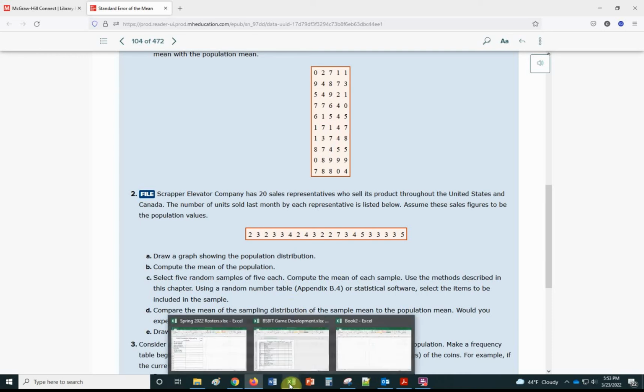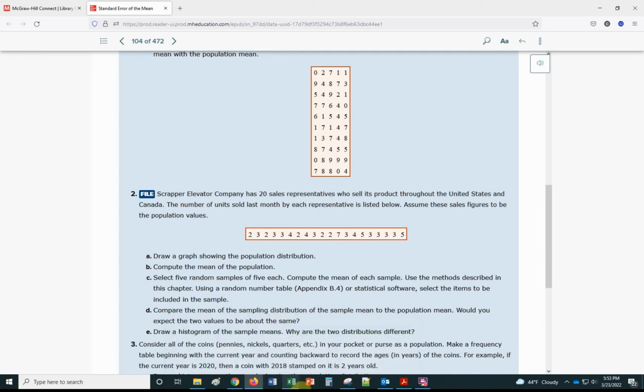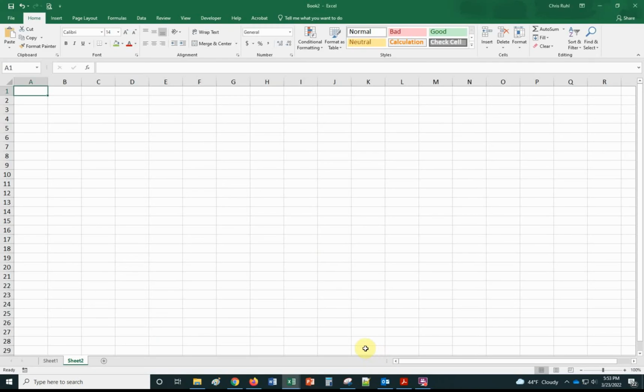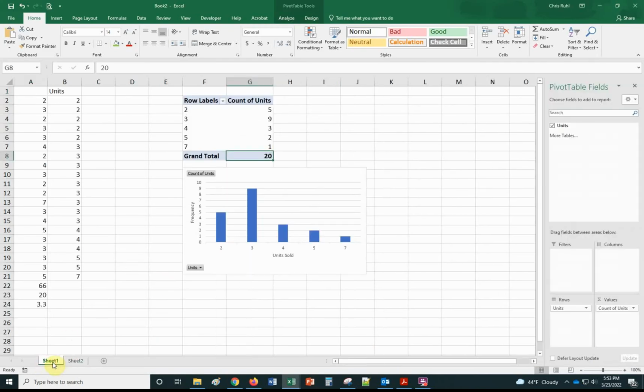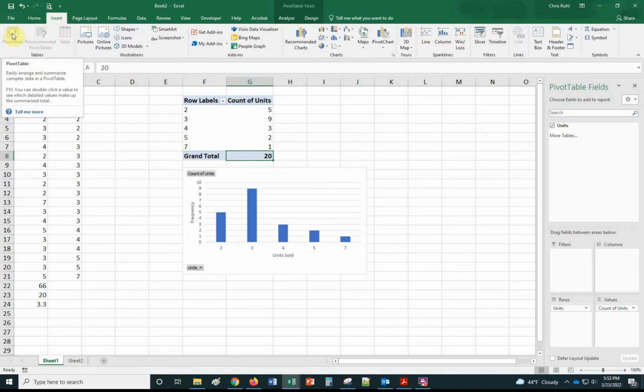And I've got one here in Excel right here. Here's the numbers as they appear in the book. All I did was make a copy and sort them. I didn't have to sort them, but I did. And then I inserted a pivot table, which you do right here, insert pivot table.